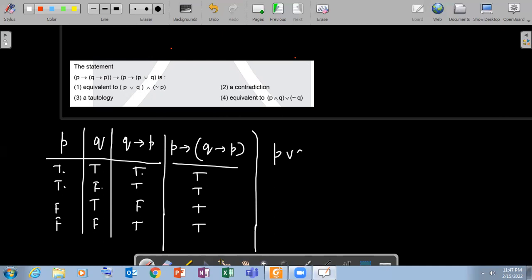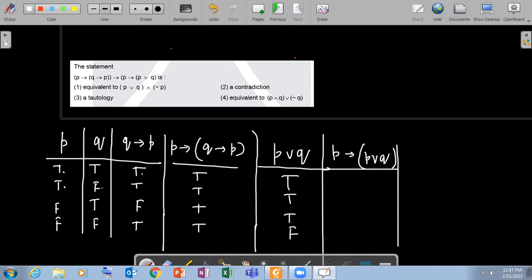And now we have P or Q. P or Q is always true until and unless both are false. So true, true, true, false. Then we have P implies this. Truth, truth, truth, truth, truth, truth, false, truth, truth, truth, truth, truth.